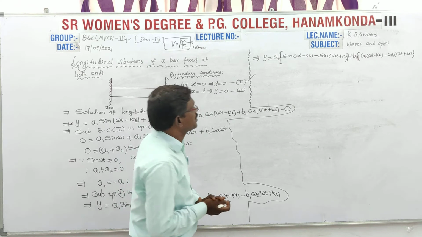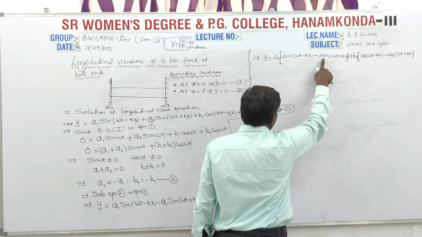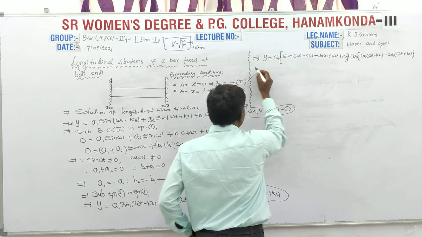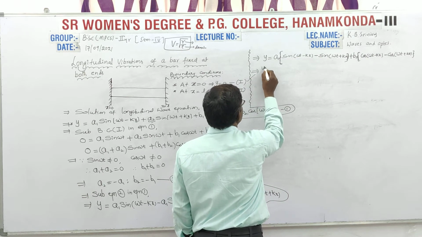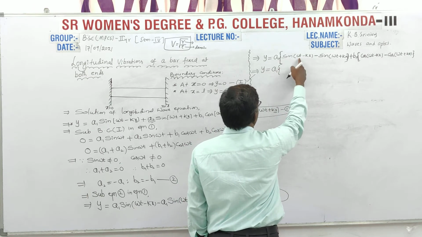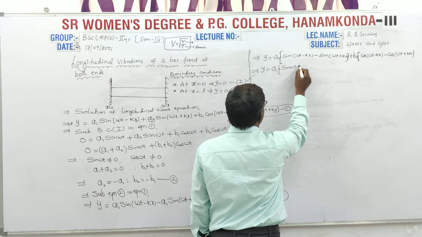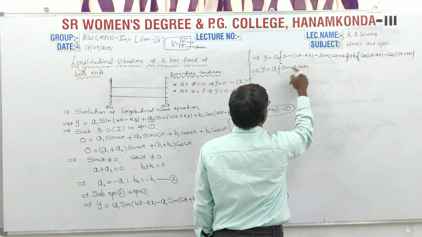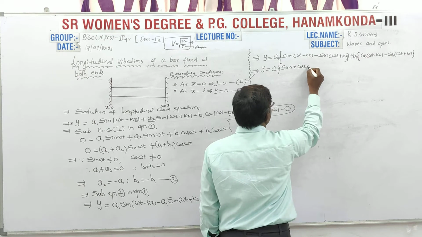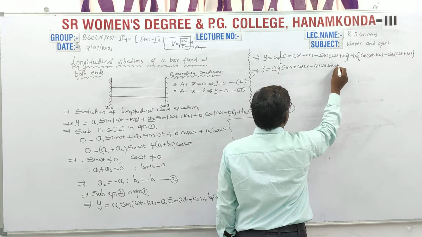Okay. See the derivation carefully. It is in the form of sin of a minus b. It is sin of a plus b. Just expand. y is equal to a1 of sin of a minus b, sin a cos b minus cos a sin b.